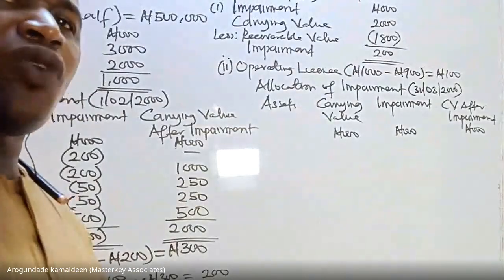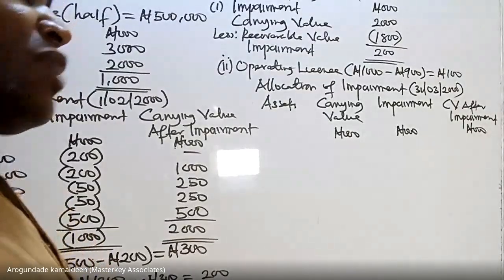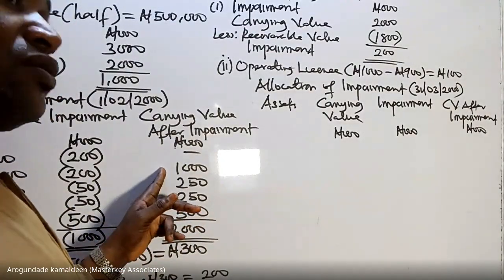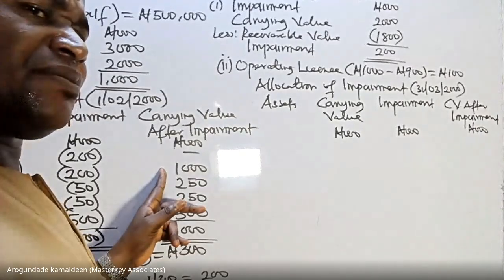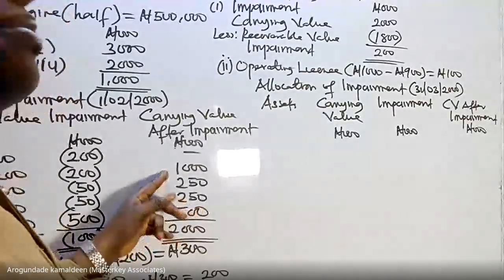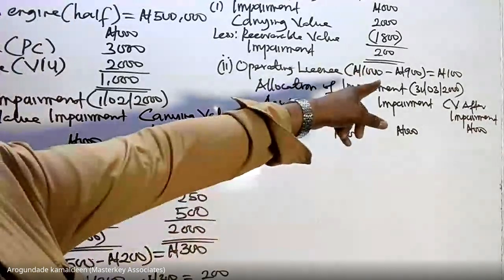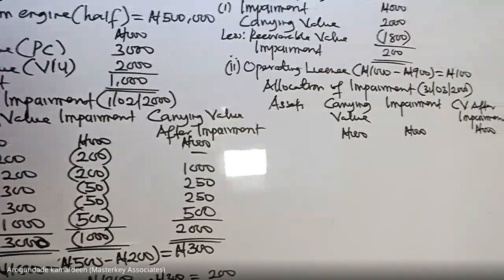If something is worth 900,000 in the market, and you are carrying it at 1 million, the true value that can be realized is 900,000. So that is why it is reduced by that 100,000. Are you clear? Yes, okay, sir, thank you.